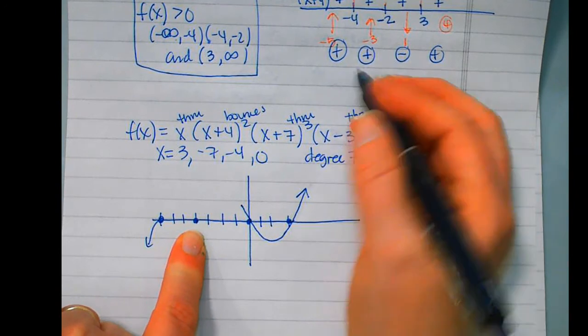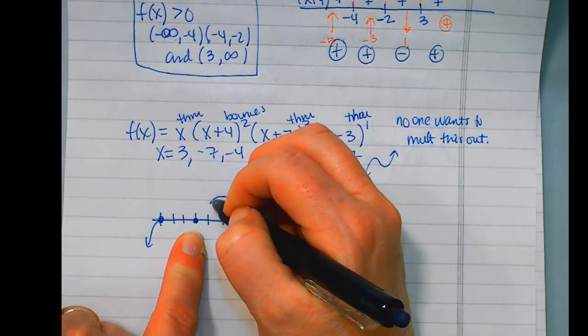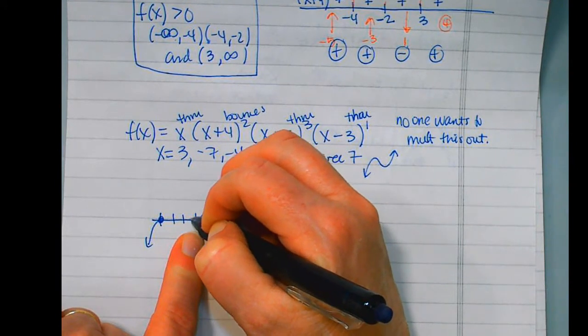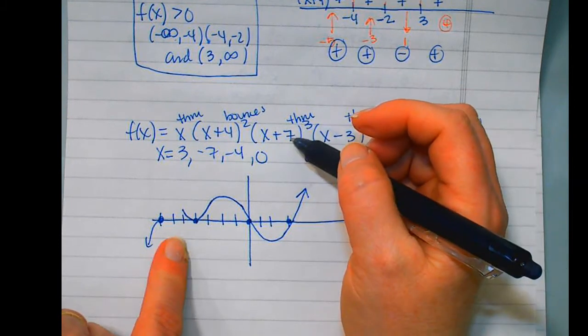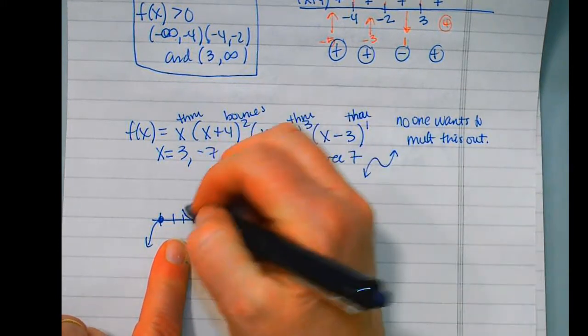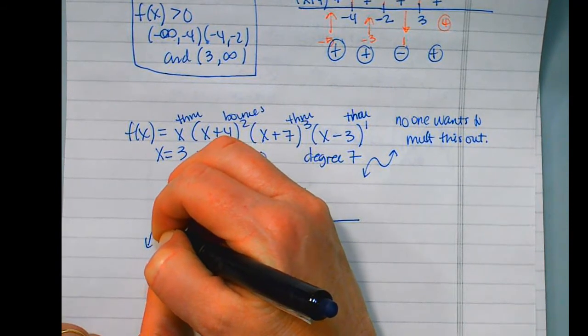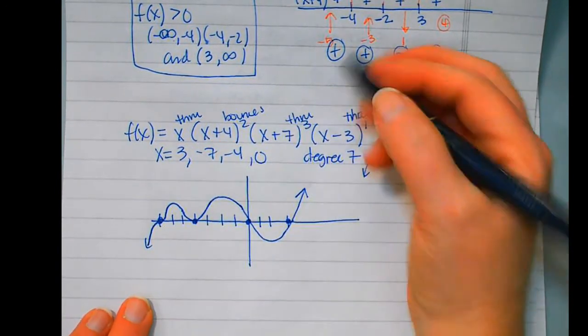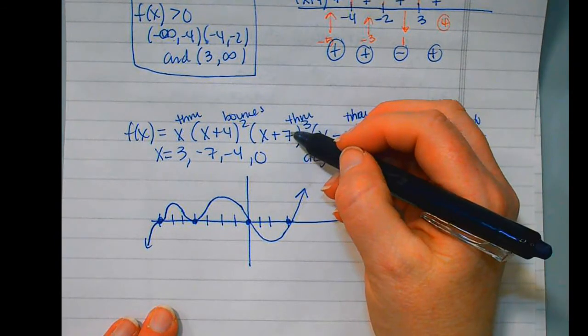At negative 4, it bounces, so it comes down. Try not to make it pointy, so it kind of curves down to it and then comes back up. And then what happens at negative 7 is kind of interesting. Even though it goes through, it kind of does an extra flattening there because it has a high degree at negative 7.